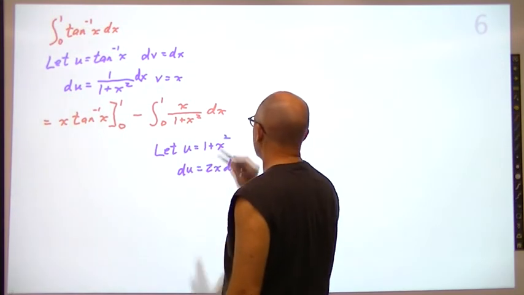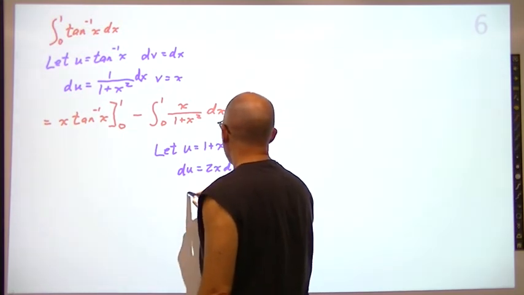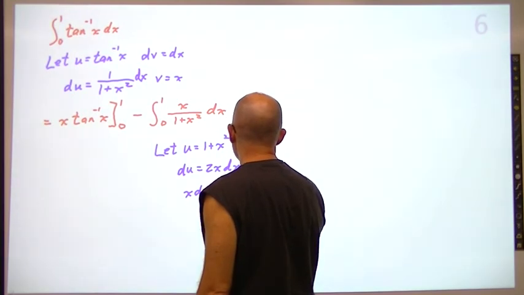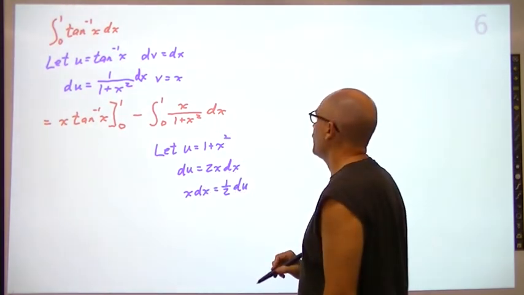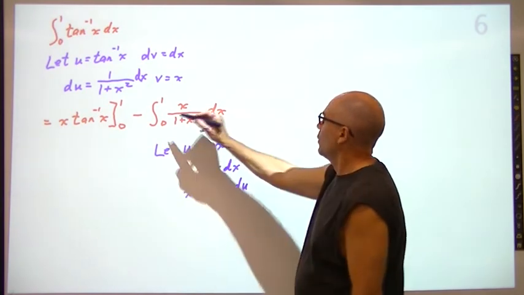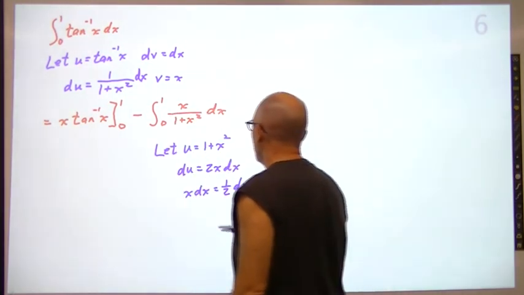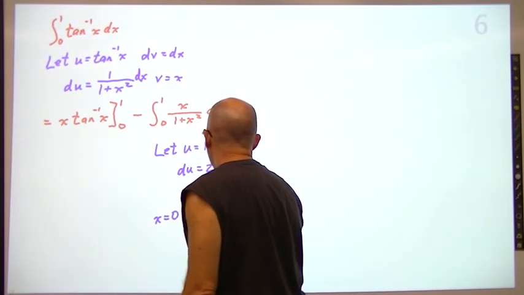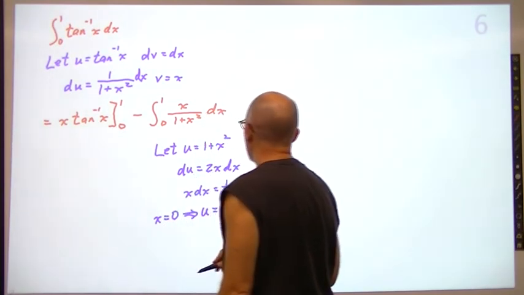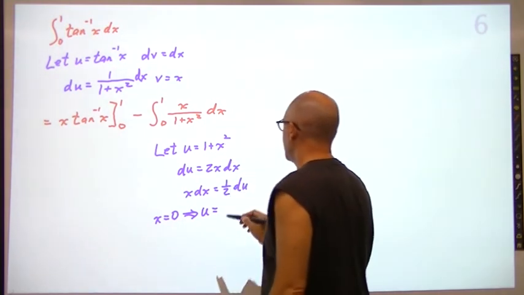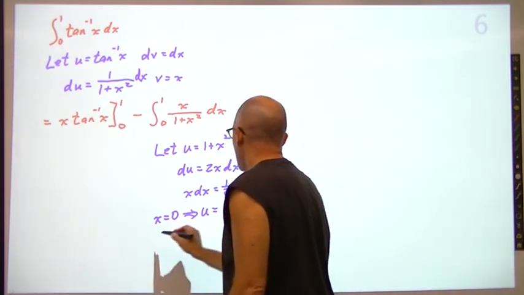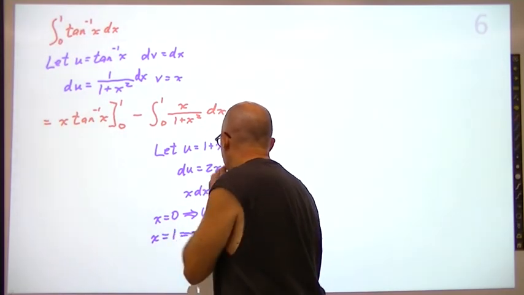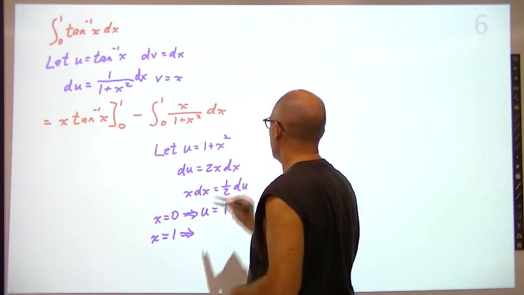And notice here's my x dx, so then I just say x dx equals 1/2 du. Now one other thing that we need to do is we have limits of integration here. So when x equals 0, what's u going to equal? 1 plus 0 squared. And when x equals 1, then u is going to equal 1 plus 1.